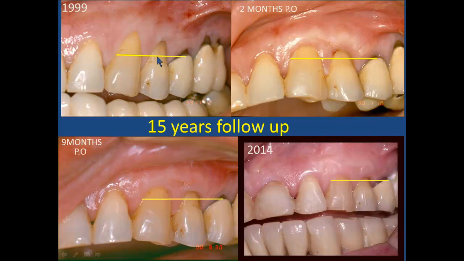One can notice, if we draw a straight yellow line at the CEJ level, the amount of recession that has been existent 15 years ago.